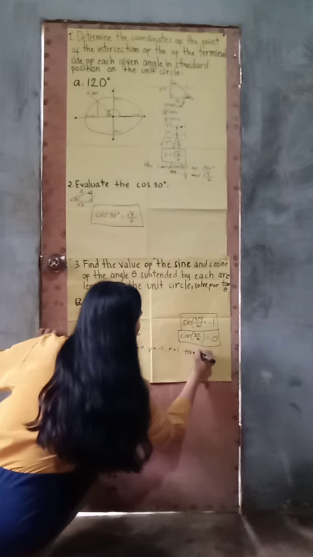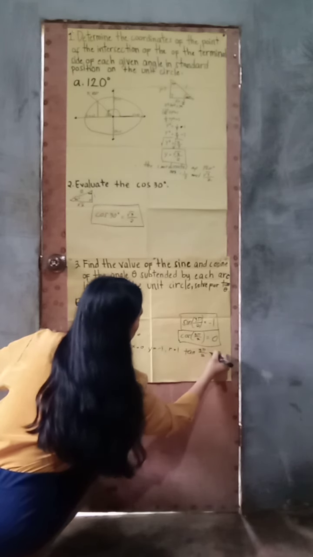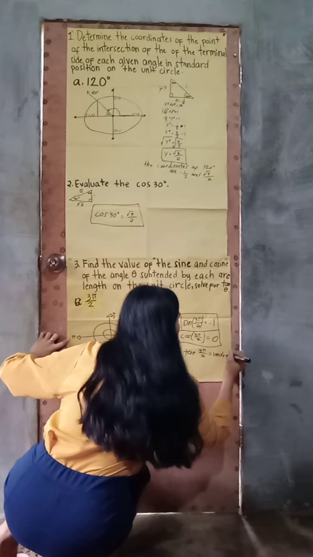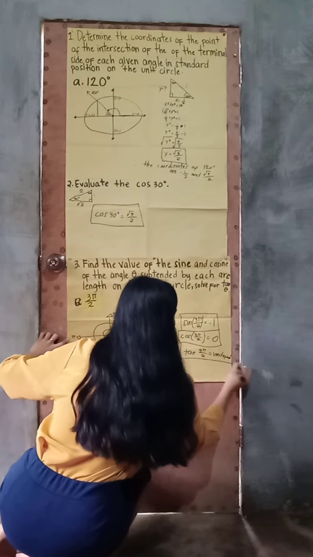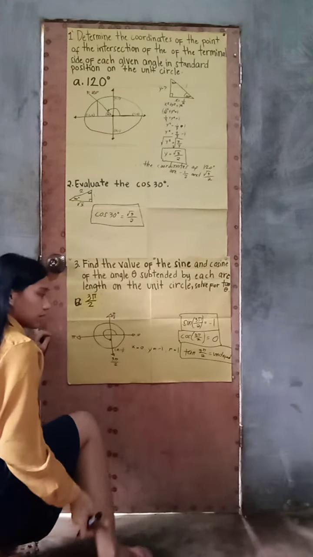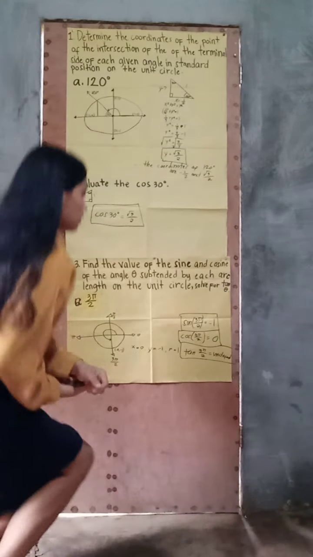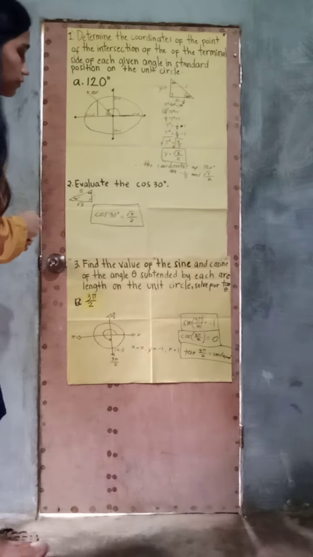And the tangent of 3 pi over 2 is undefined. It is undefined because 3 pi over 2 lies on the negative y-axis.